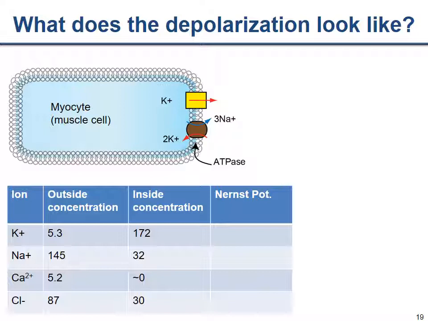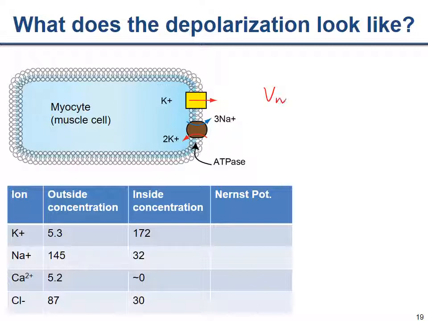So let's take a look at this in a little bit more detail. So here's a very rough description of a cardiomyocyte, and we have some energy that's coming in order to activate this sodium-potassium pump. We also have a potassium ion channel here. Okay. So we have internal and external concentrations of various types of ions here.